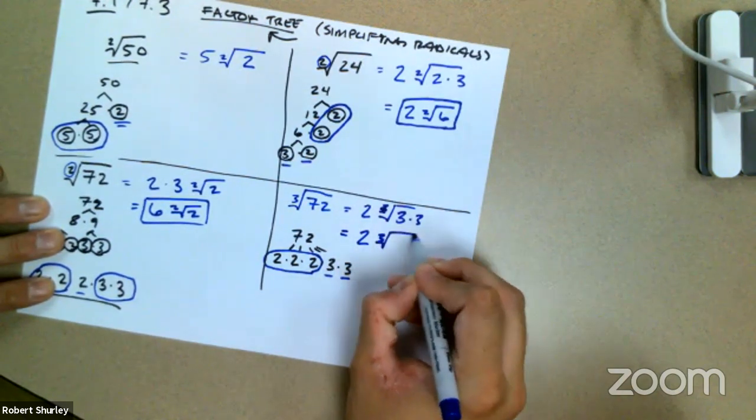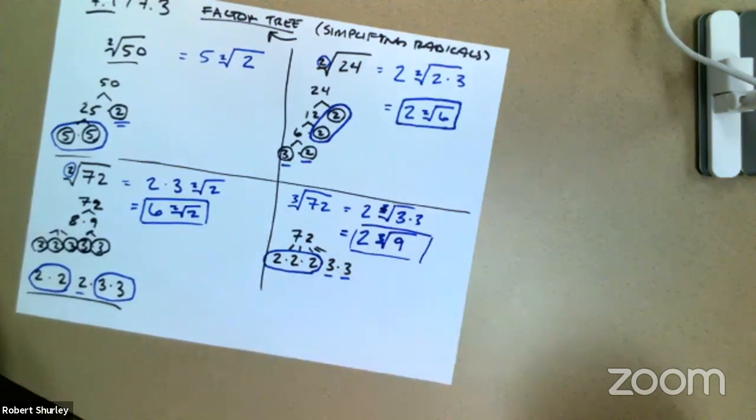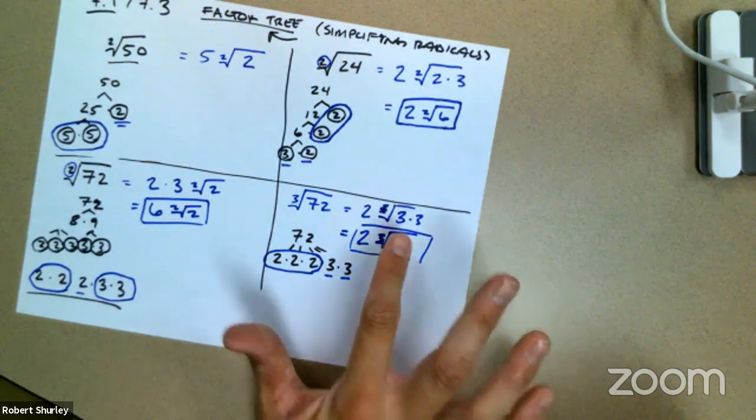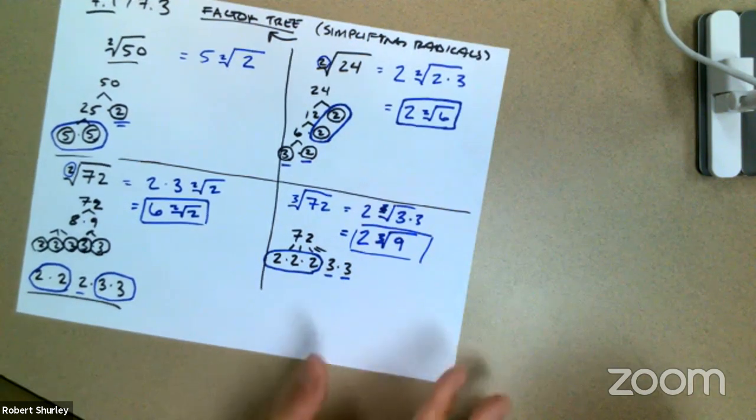So you wind up with 2 cube root of 9. So 2 cube root of 9 if you simplify the cube root of 72, compared to the square root of 72. Okay?